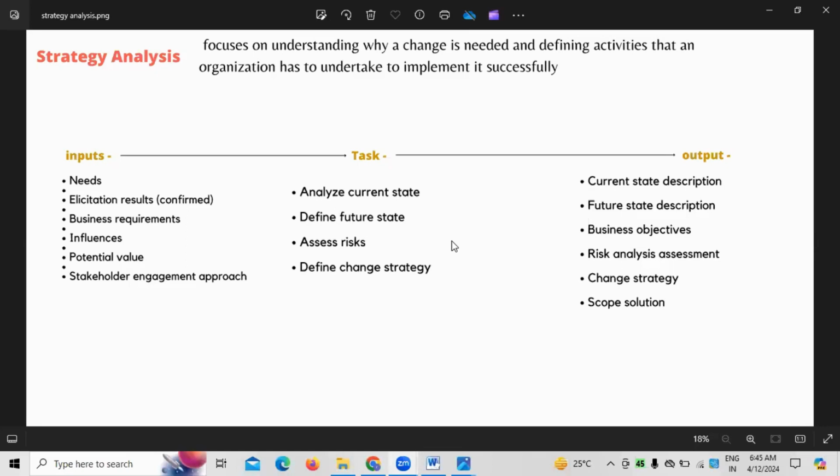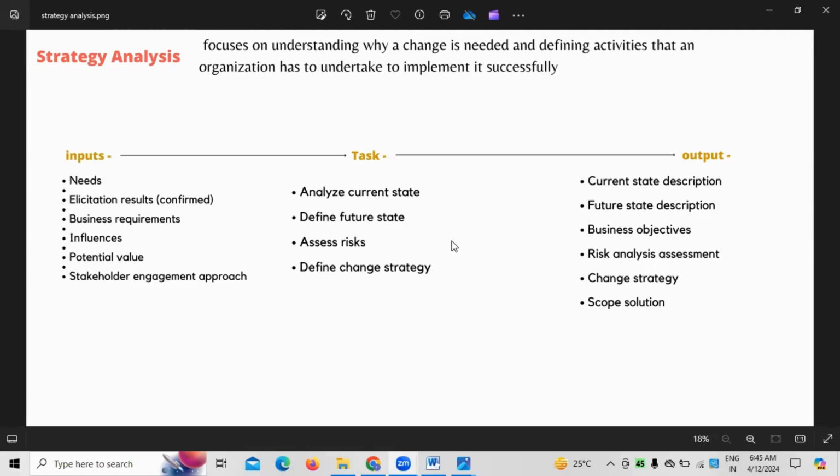So building the strategy and implementing the strategy is essentially required for any organization. When being a business analyst, we are working on applications. It's not only about understanding the enterprise, but it's also important for us to understand strategy.